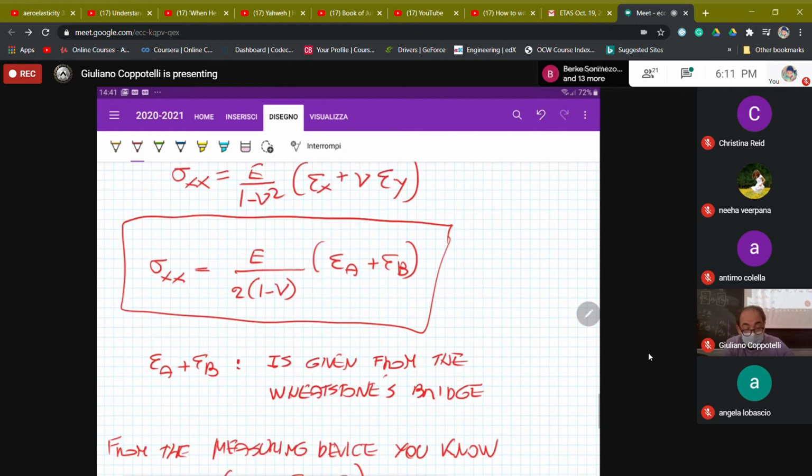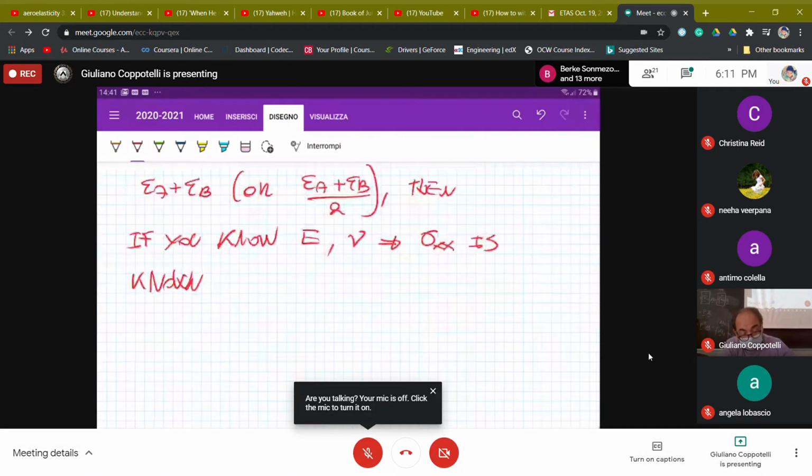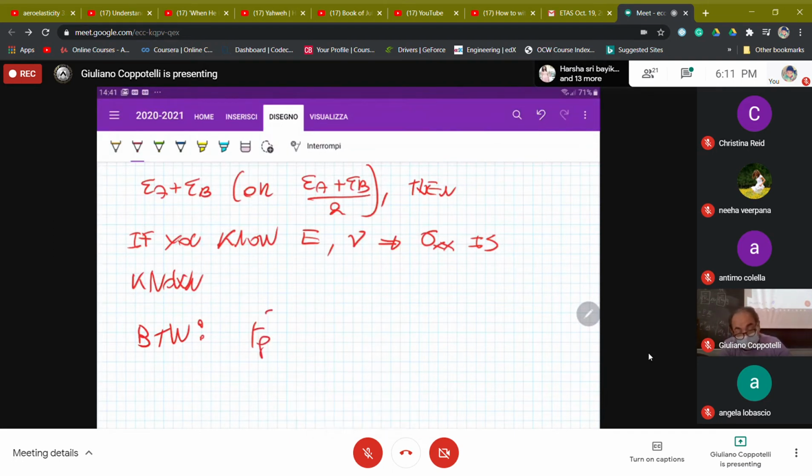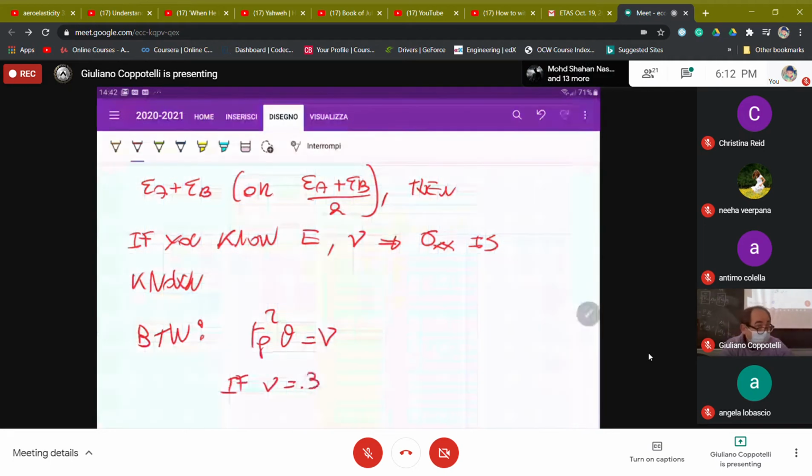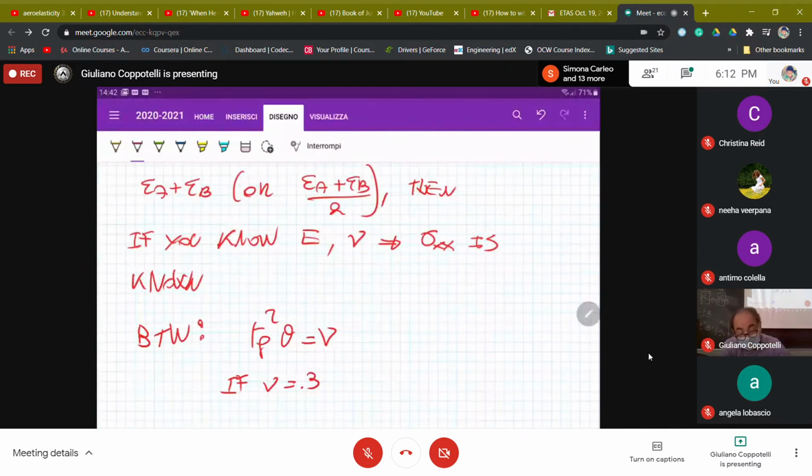By the way, saying that tangent square of the angle theta is equal to the Poisson ratio, if we assume that the Poisson ratio is about 0.3, that means that your theta angle is 30 degrees. That is a quite feasible condition.